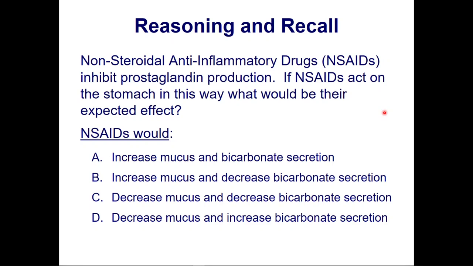So NSAIDs would actually decrease mucus and decrease bicarbonate secretion. Those are two ways in which NSAIDs could be placing someone at risk for an ulcer, because they're thinning the layer of mucus and decreasing the bicarbonate, which neutralizes the acid.